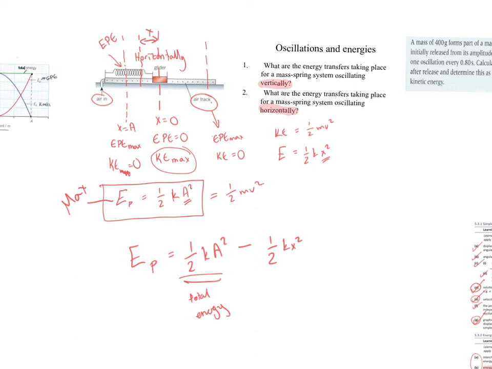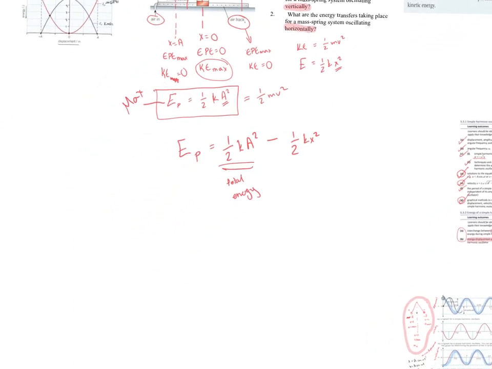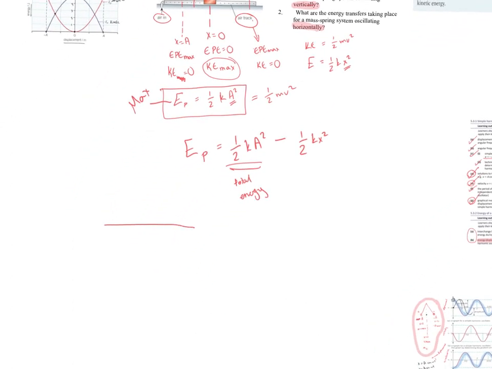Okay, so there's the other system that you need to know about, which is if you had a spring vertically with a mass on it. Now here you have one more energy taking place. So you have gravitational potential energy, and that has to do with the change in height.